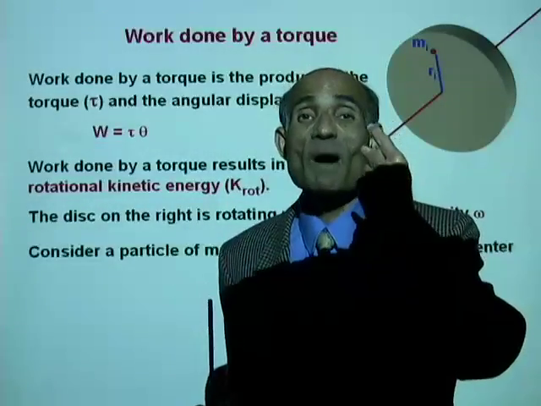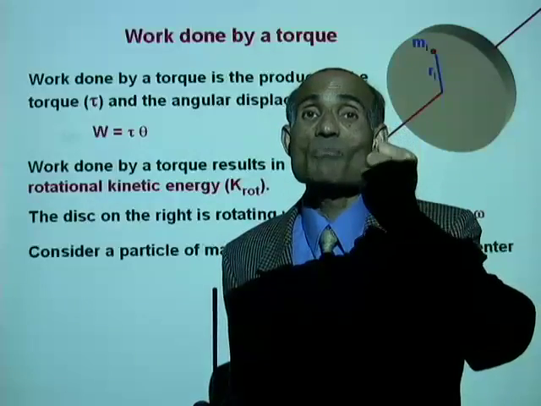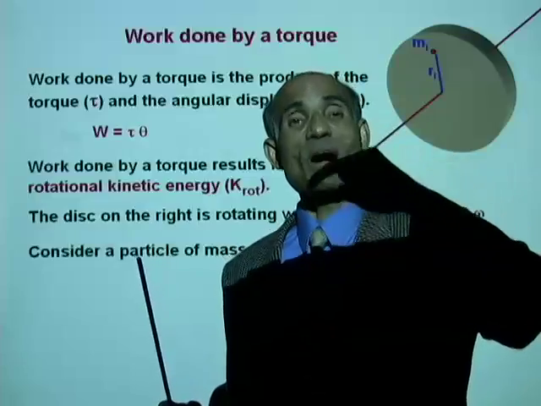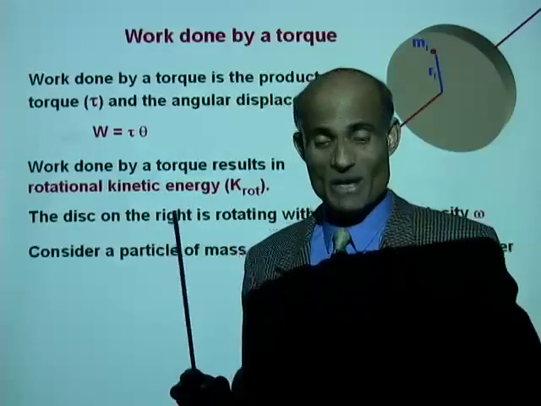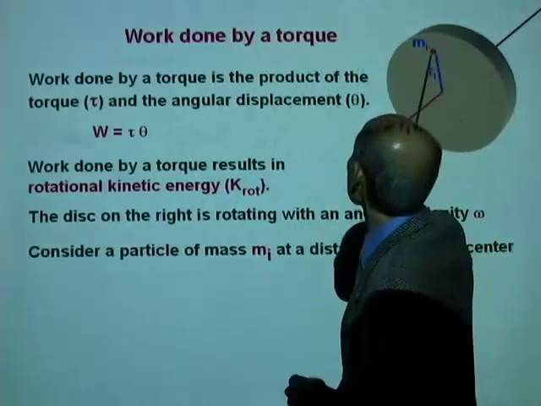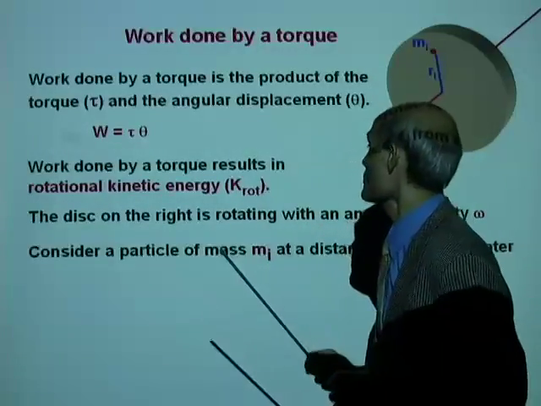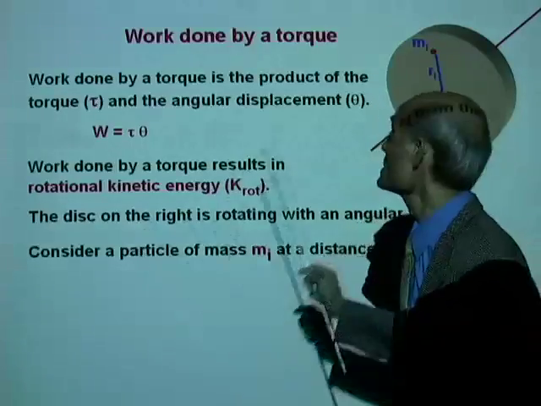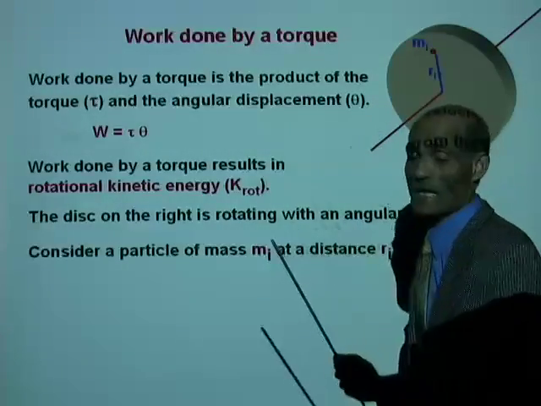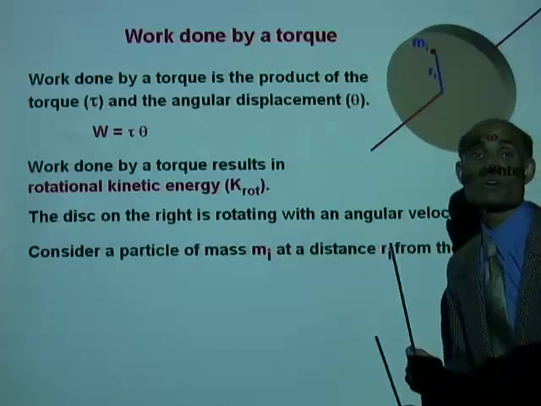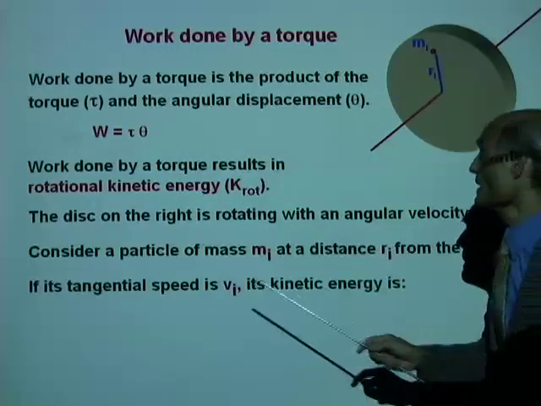If that is the first particle, the mass will be m1 and the distance will be r1. If it is a second particle, it will be m2 and r2. We will take a general case where we consider any particle called the ith particle. Its mass is mi and the distance of that from the axis of rotation is ri.